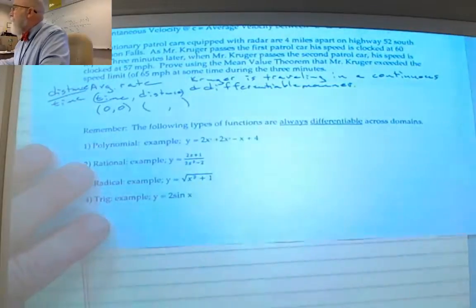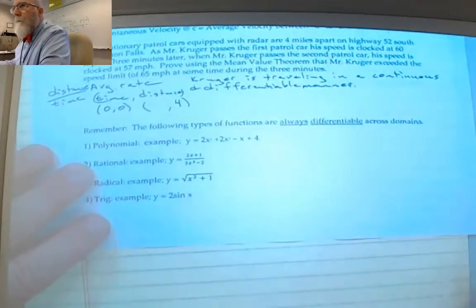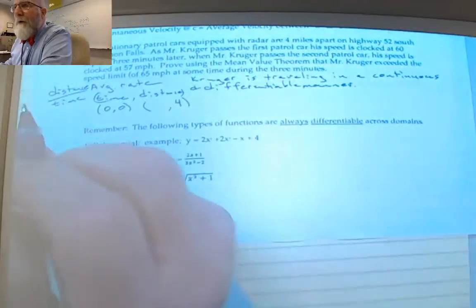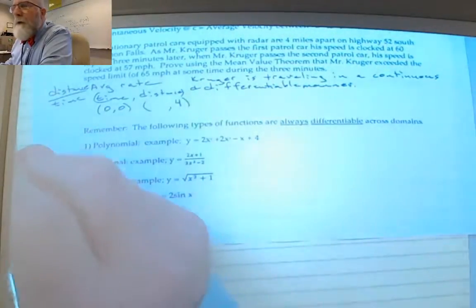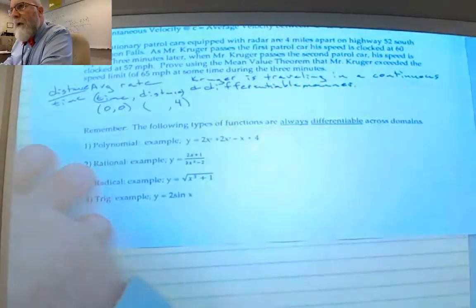I need a distance. 4 miles. I need a time. Yeah, 3 minutes. But there's something wrong with 3 minutes. You know what's wrong with 3 minutes? If I take 4 and divide it by 3, I get 1 mile per minute.